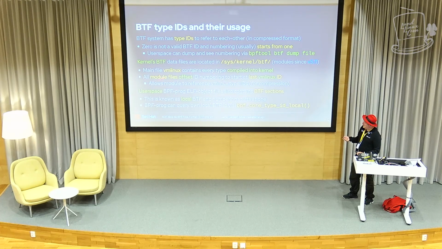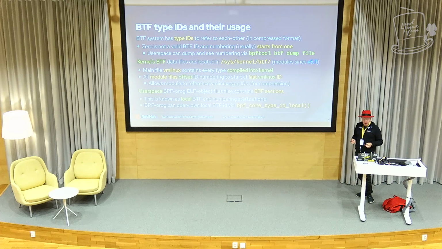But that also means that the module IDs are not unique. The vmlinux IDs are unique, but the module files are not really unique. User space itself can also have BTF sections, and if you have the preserve access index, they will get matched by libbpf against the kernel, and then it does the offset adjustments.